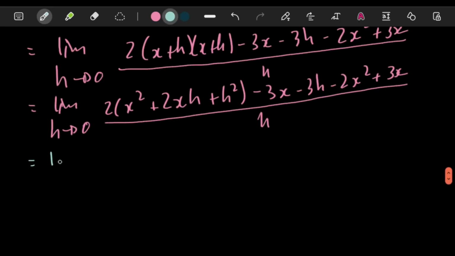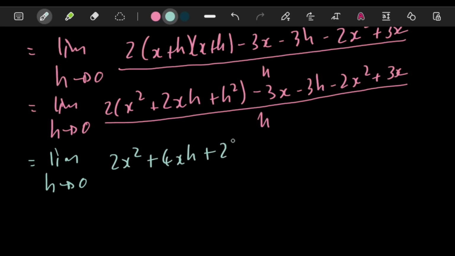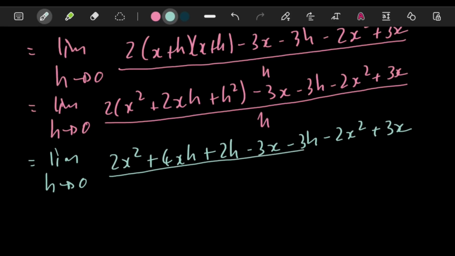Let's put this over h, the limit as h goes to 0. You're going to have 2x squared plus 4xh plus 2h minus 3x minus 3h plus this plus this. This whole thing you're going to put over h.